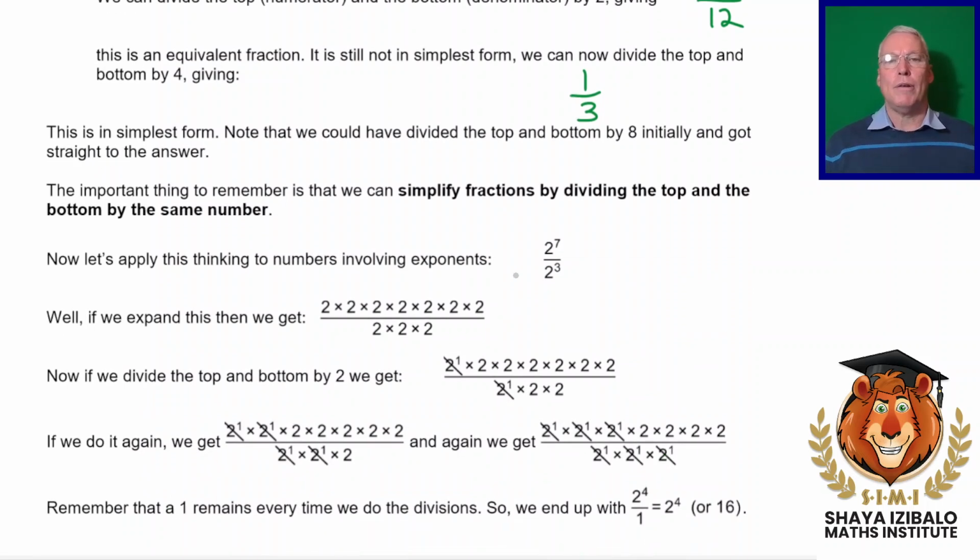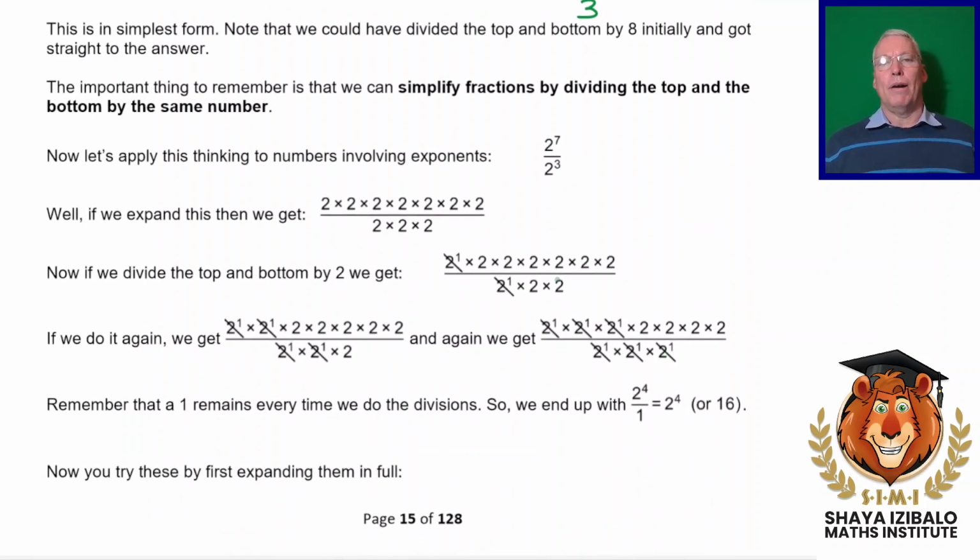So let's look at 2 to the power of 7 over 2 to the power of 3. Let's expand it, write it out in full. That's 7 2's on the top and 3 2's on the bottom. Now, we can divide the top by 2 and the bottom by 2. Some people will use the word cancel. We don't actually like that word, because cancel suggests that there's nothing left.